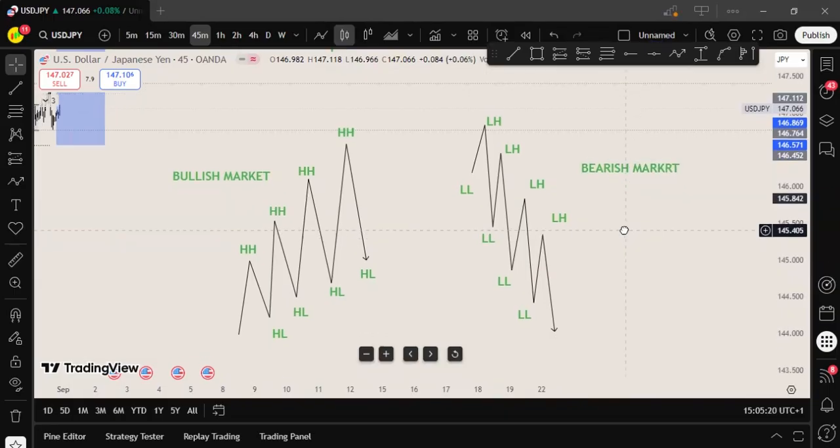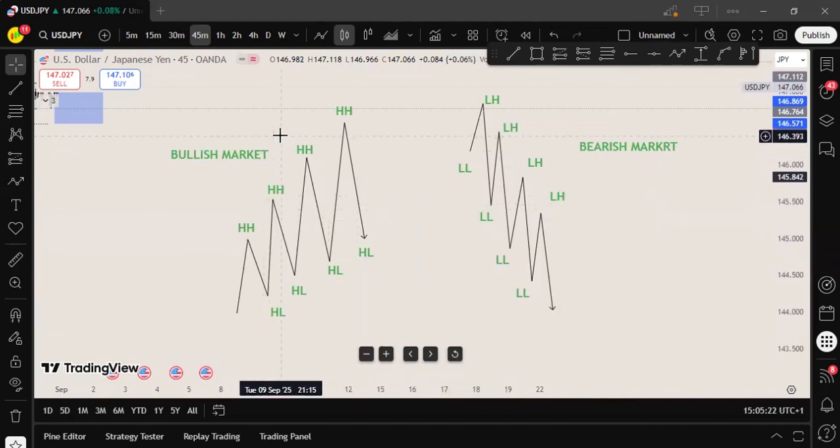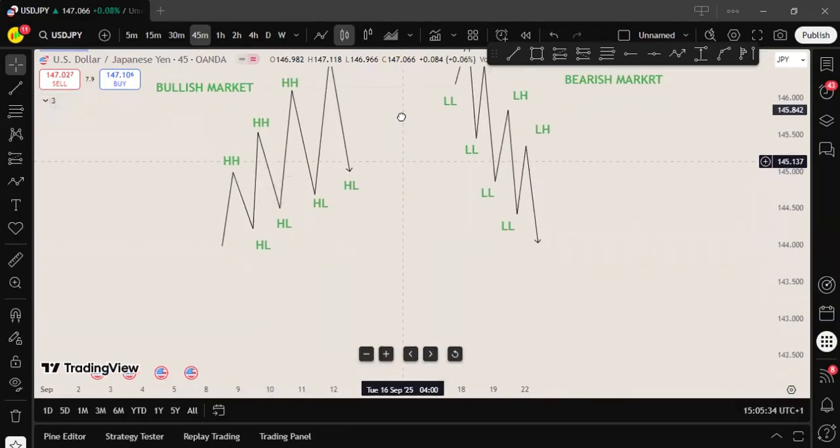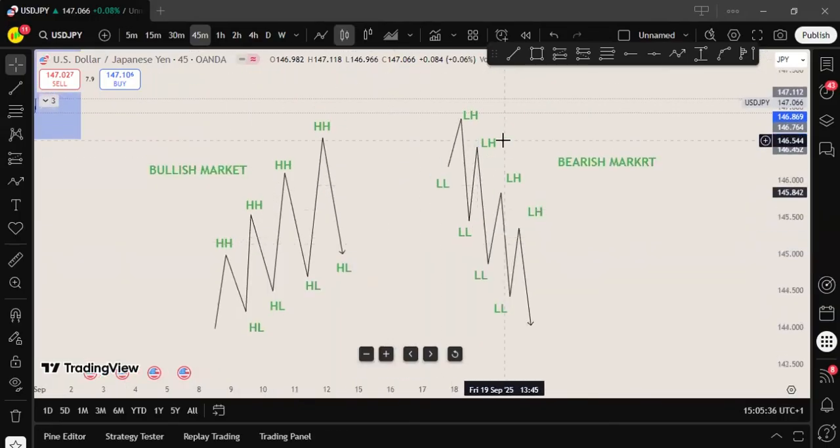If the market is buying, moving up, we call it a bullish market. And if the market is going in a bearish form, it means the market is dropping, going down. We call it a bearish market, creating a series of lower highs and lower lows.